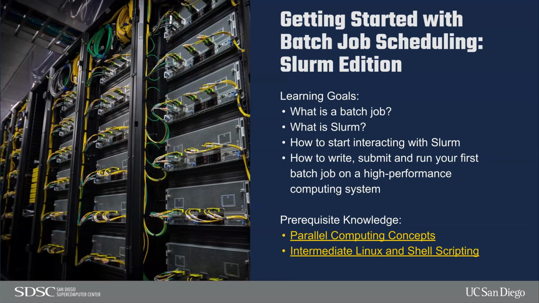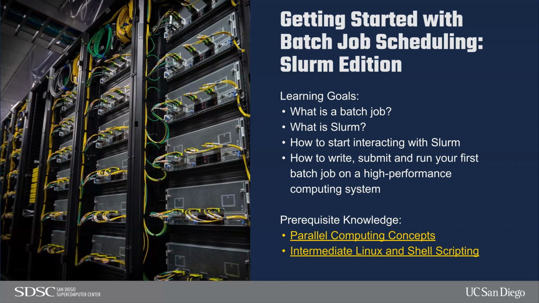Today's learning goals are to teach you what a batch job is, what Slurm is, what its components are, and some of the commands that you'll use to interact with Slurm. Then we end with a series of examples demonstrating the key components of writing a batch job, submitting those jobs to the scheduler, and getting up and running on a Slurm batch job scheduler for any of the HPC resources you might have access to.